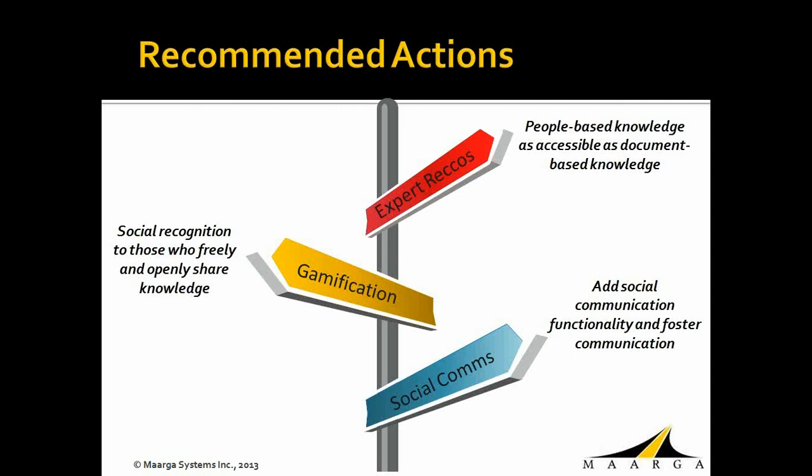Make communication social, destroy the so-called divide that exists across the chain of command, to enable the topmost person in the organization, be it your CEO or your CFO or your CTO, to communicate with the most lower level employee, and then make people-based knowledge as accessible as document-based knowledge. I keep talking about these information silos. Make sure that the people are also accessible.